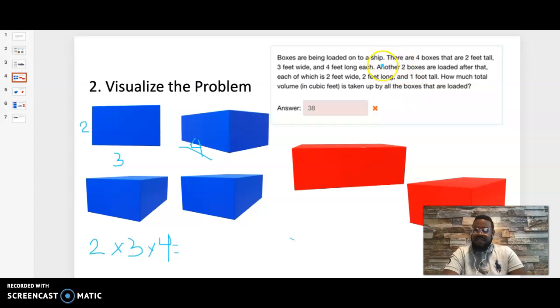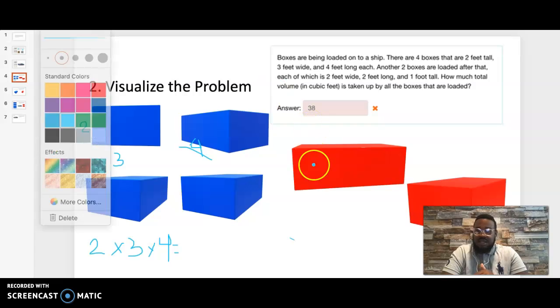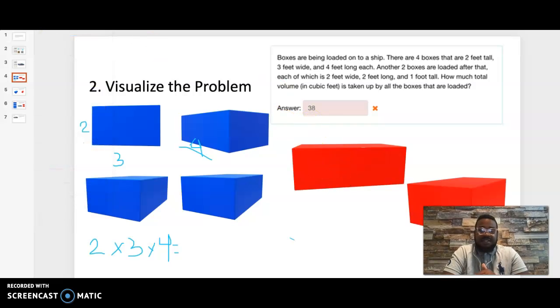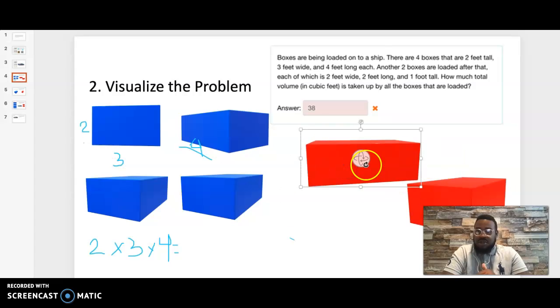So it says that another 2 boxes are loaded after that, and each is 2 feet wide, 2 feet long, and 1 foot tall. So this is not to scale by any means. That means this is not exactly how the box would look, but this shape still has 3 dimensions.